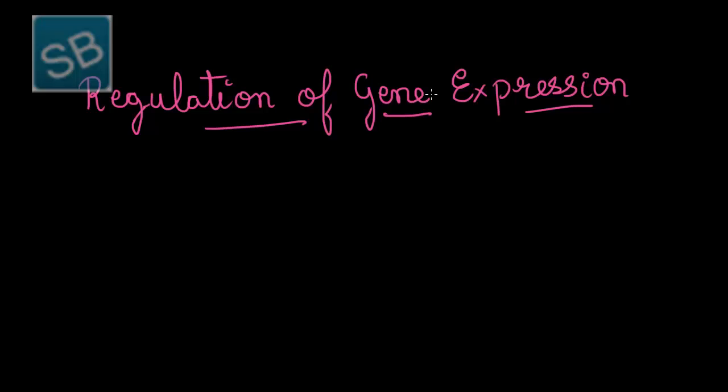Now, after studying the structure of gene, let us begin how the genetic expression is regulated. Let us have an overall idea about the regulation of gene expression. As we all know, in various organisms, different genes are responsible for the synthesis of different proteins. However, it is not necessary that all these proteins are needed at the same time.